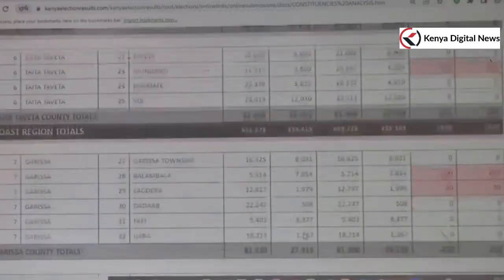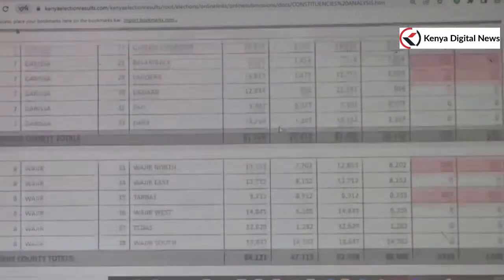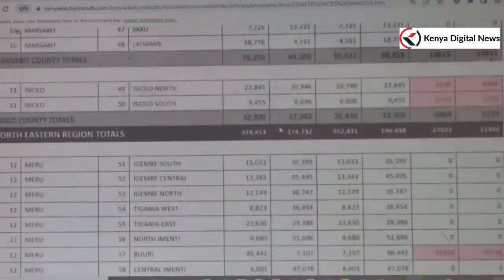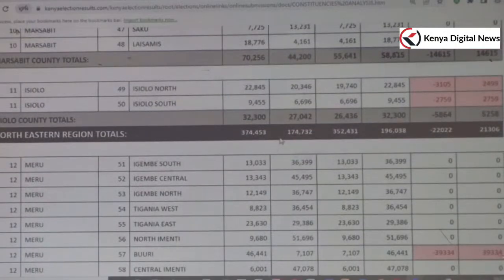Then when we come to Northeastern region, I'll show you again here that IEBC awarded Jacob 352,000 votes and awarded Dr. Ruto 196,000 votes.